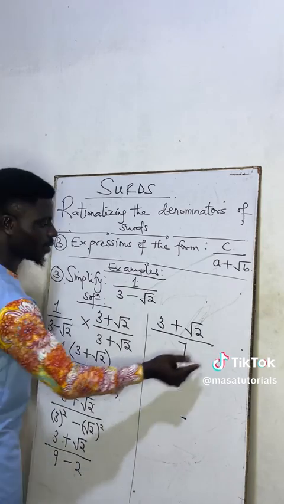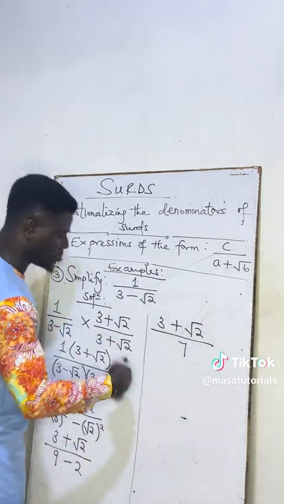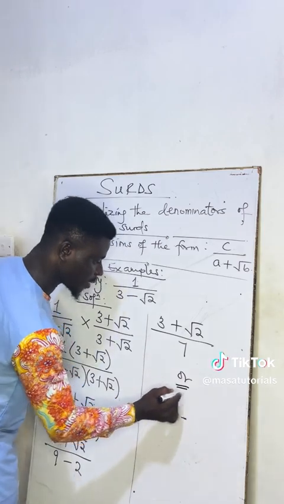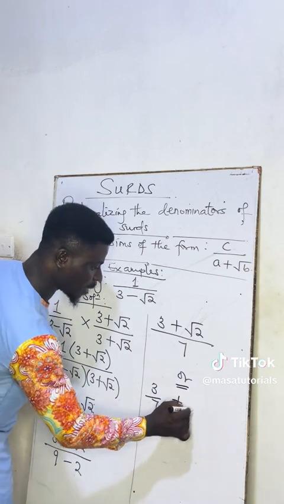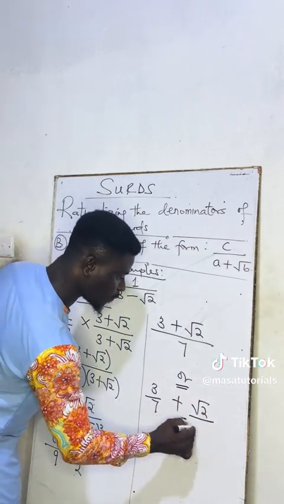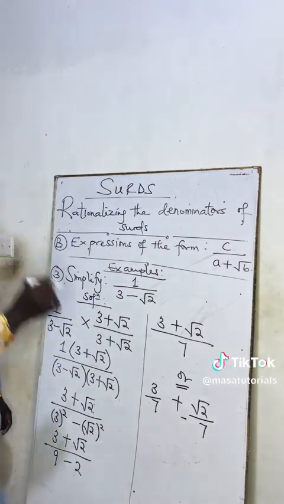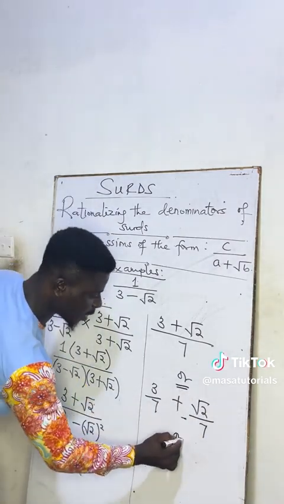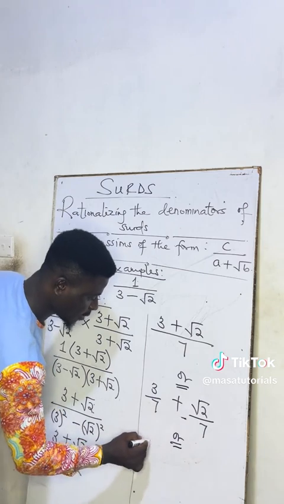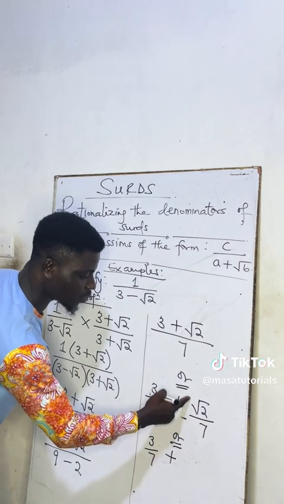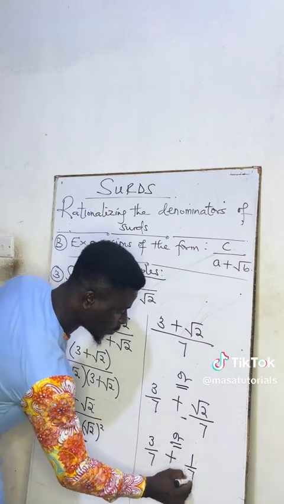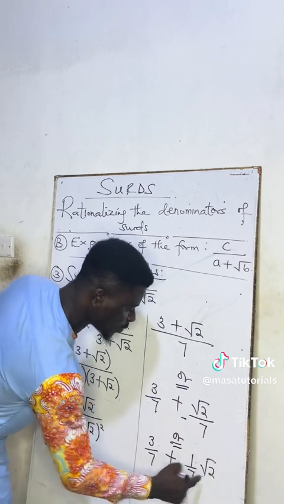For this, you can either leave it in this form or better still split it: 3 over 7 plus square root of 2 over 7. Or better still, write it as 3 over 7 plus, since the coefficient of square root of 2 is 1, 1 over 7 square root of 2.